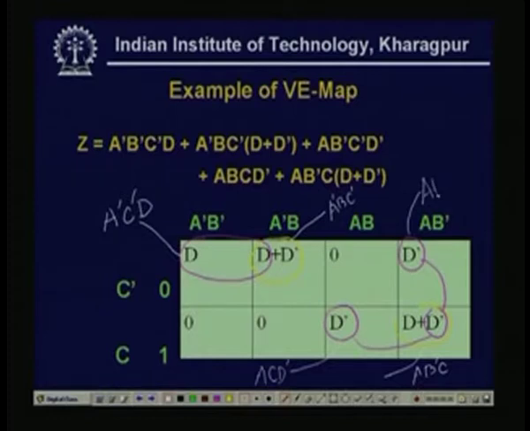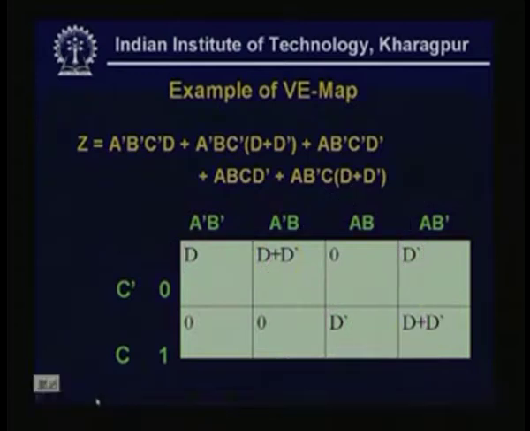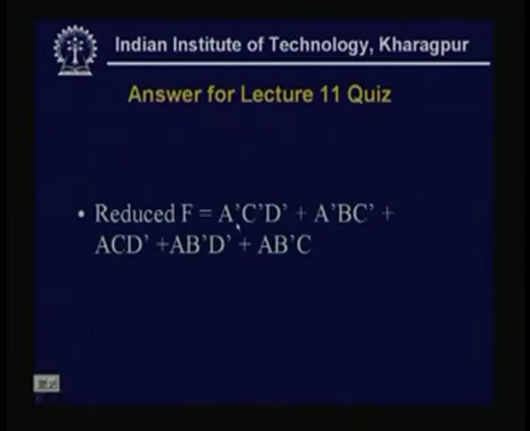So, A B dash D dash. So, 1, 2, 3, 4, 5, this will be the reduced function. And see, this is A dash C dash D dash, A dash B C dash, A C D dash, A B dash D dash plus A B dash C, these are the reduced functions.